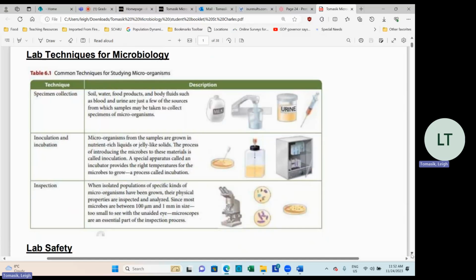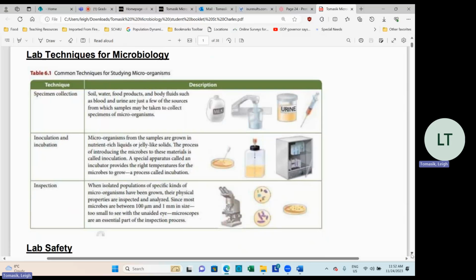And there is a special apparatus called an incubator that provides the right temperatures for microbes to grow. A lot of the disease-causing organisms grow at human body temperature. So usually when we study microorganisms, they like a little bit of a warmer environment.